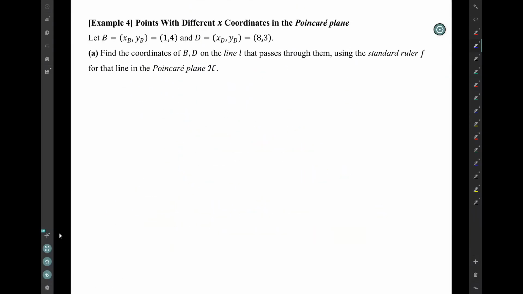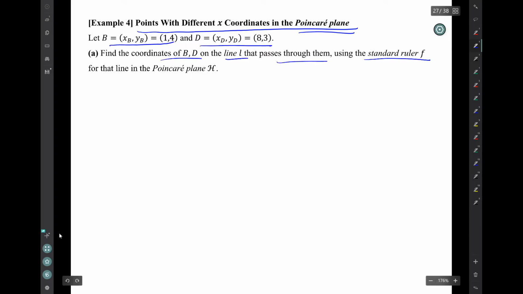Now example 4 is hard. We're going to consider points with different x-coordinates in the Poincare plane. So B is that point 1, 4. D is this point 8, 3. We're going to find the coordinates of B and D on the line L that passes through them using the standard ruler for that line in the Poincare plane. We'll notice that it's a type 2 line.